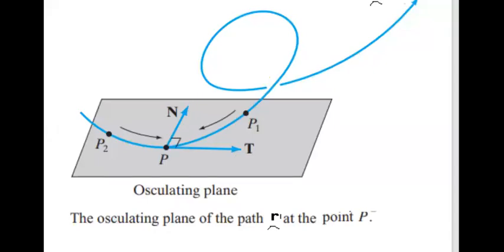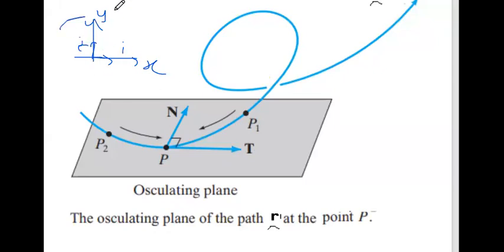Remember when I talked about two dimensions, x and y, we had two unit vectors along Ox, which is i, and the other one is j. Similarly, you have two perpendicular vectors like this.